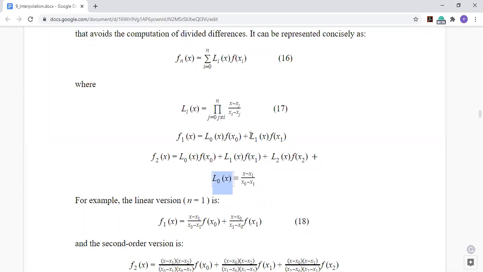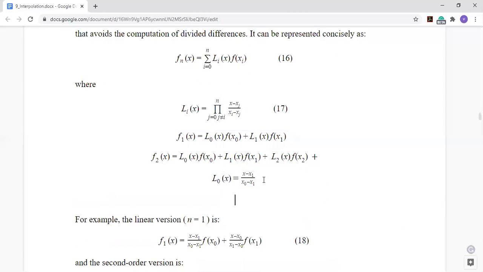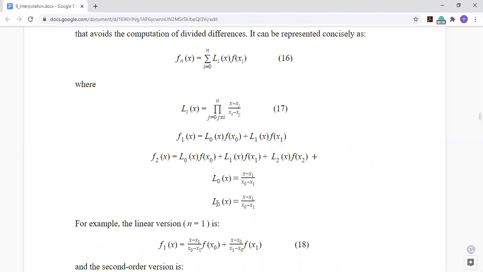So for L1 of x, let me put L1 of x. L1 of x is simply going to be x minus x0 divided by x1 minus x0. Is that the case? Because this is the general structure, right? So you have x here, which is the x here.